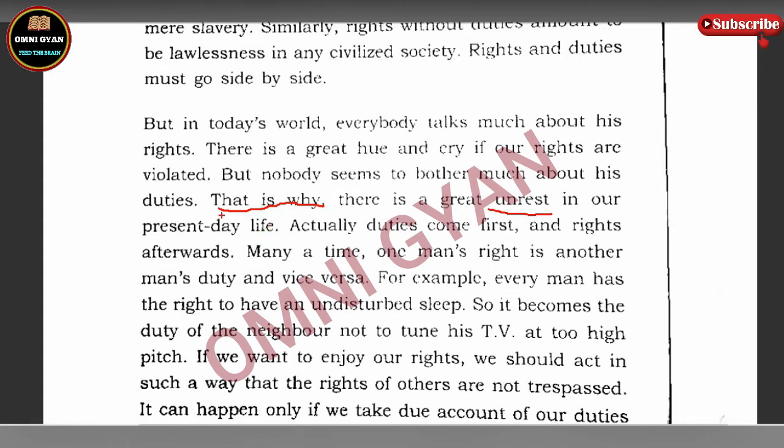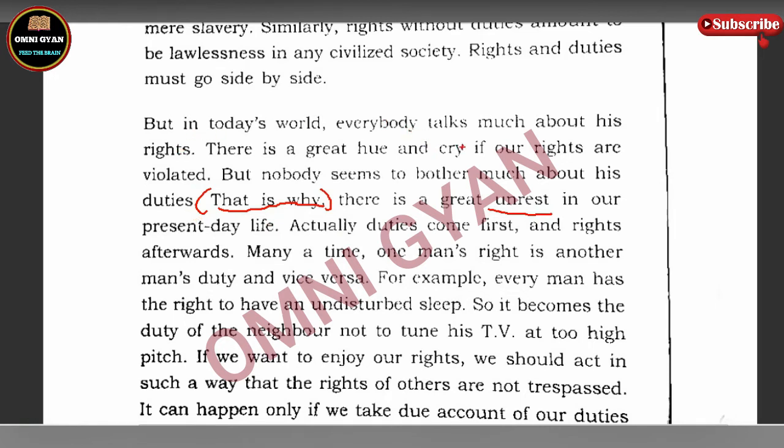Because this particular phrase, that is why, is given here, the answer occurs just before this, that means the reason is given before. So let us see: but nobody seems to bother much about his duties. That means people don't worry about their duties, and that is why there is great unrest in our present life.